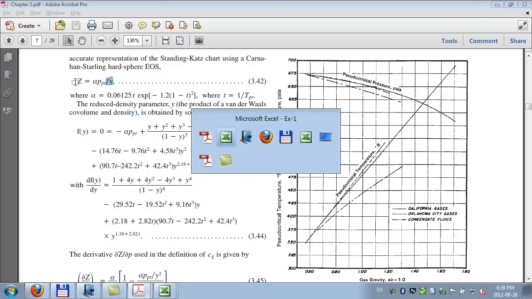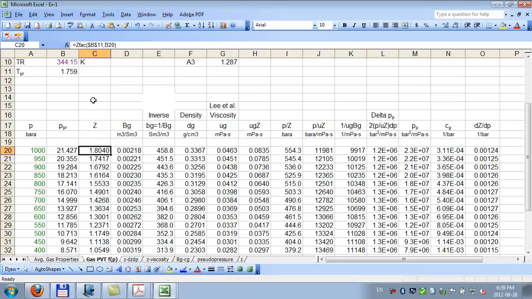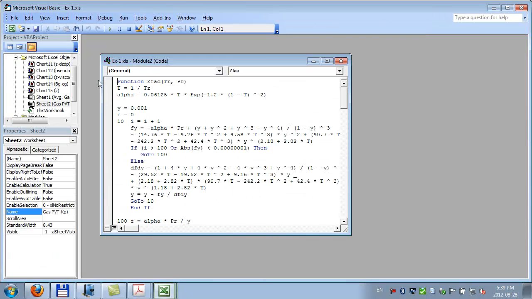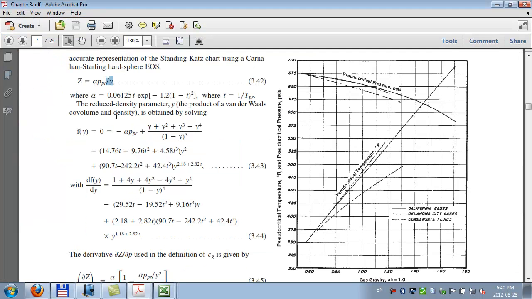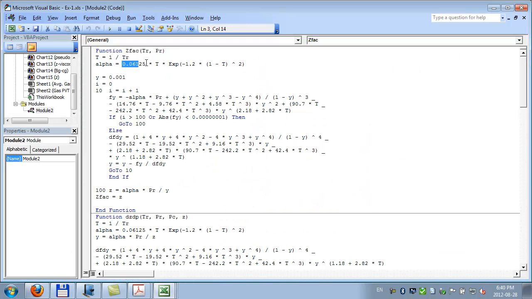There's a routine called z-fac, and to see that in Excel, you have to go to the Visual Basic mode, and I think that's Alt F11. Okay. And you'll see some of these terms that are in the book. You've got this 0.06125, etc. You've got the function, and the derivative of the function.